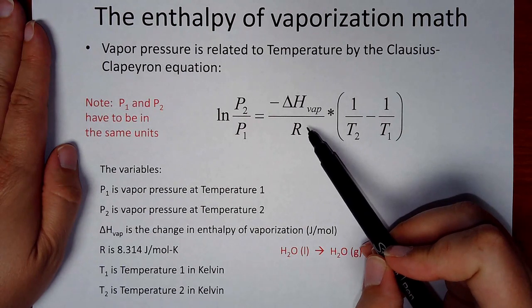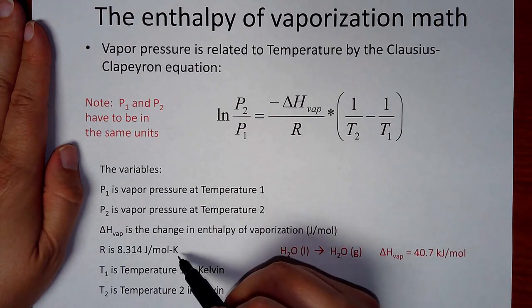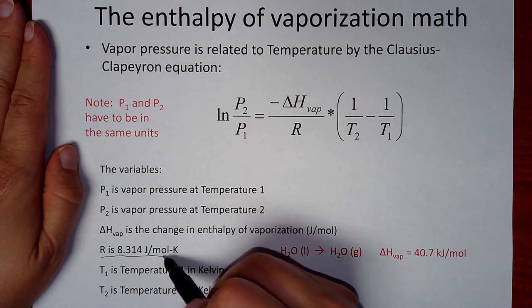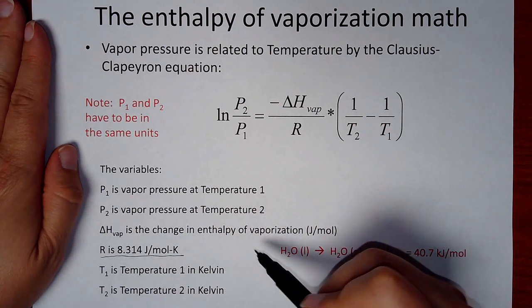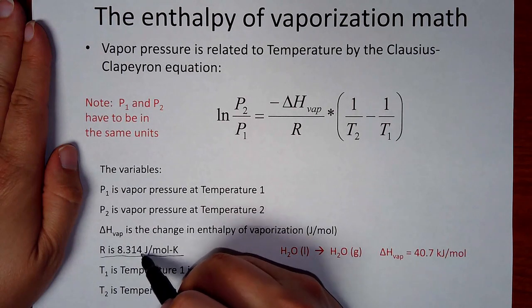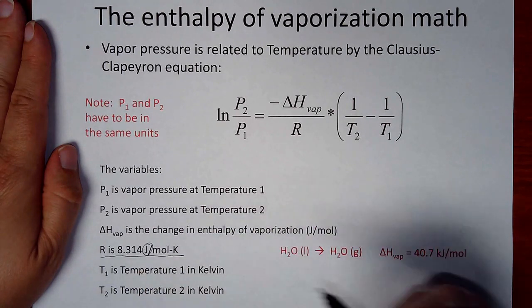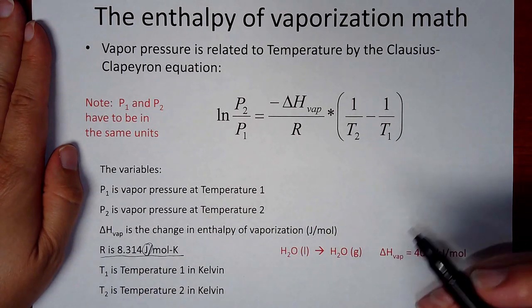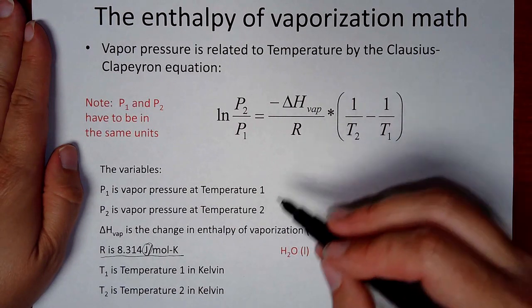So down here we have the value given for R. This is what we're going to use. And notice the units. This is joules. So when we go to use this in our equation, we want to keep in mind the units.